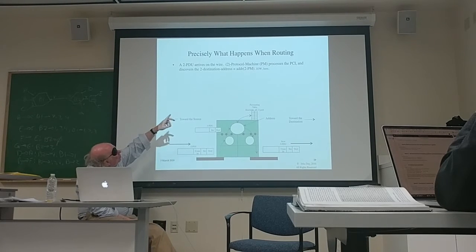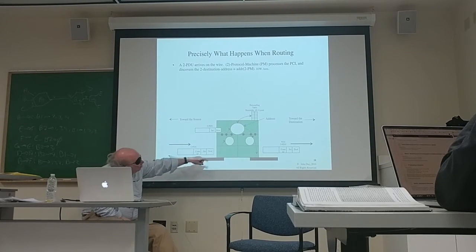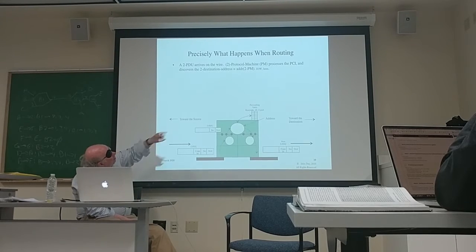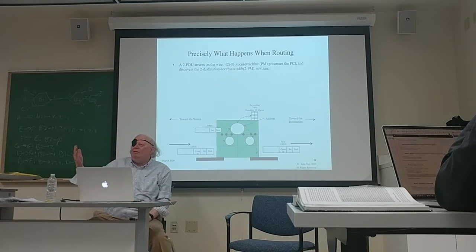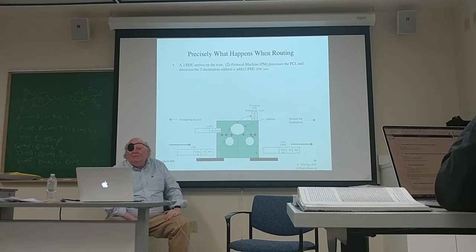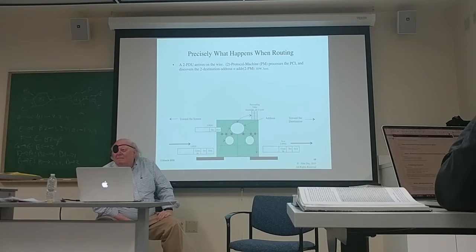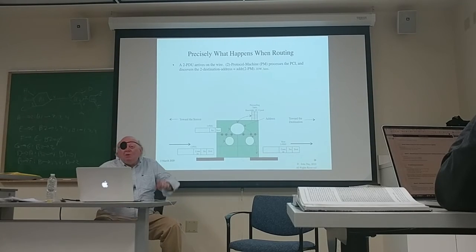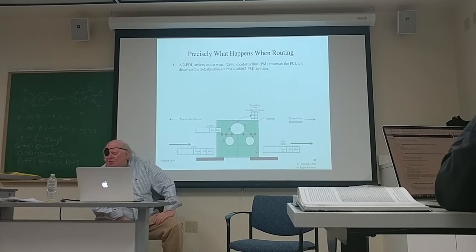It arrives from a wire. The layer 2 protocol machine processes the header and discovers that the layer 2 destination is my address. What does the 2 stand for? Layer 2. Remember we talked about N-PDUs? Well, I just substituted a number for N.